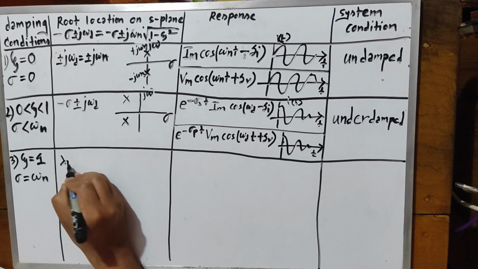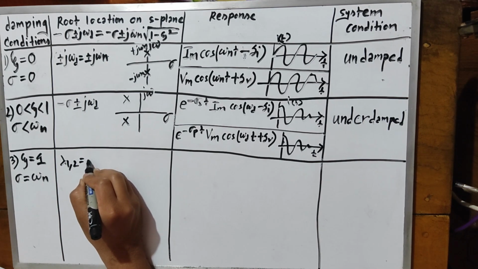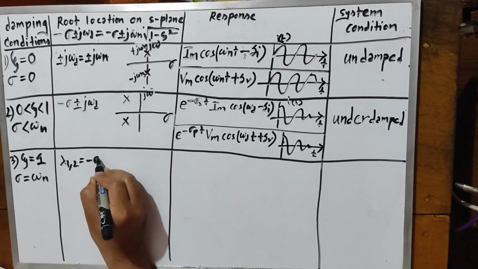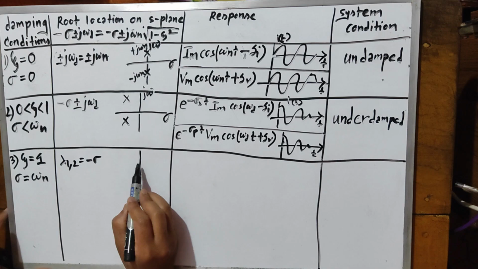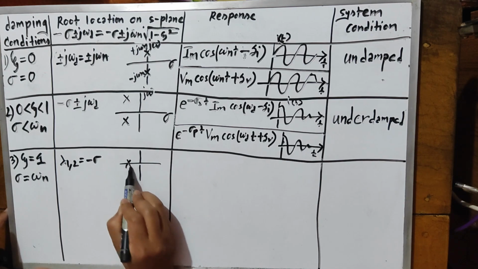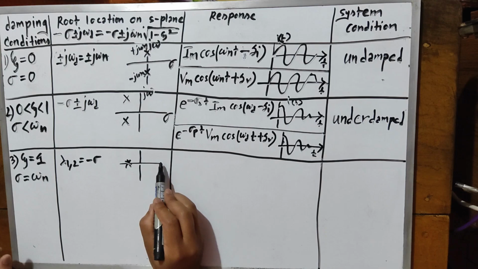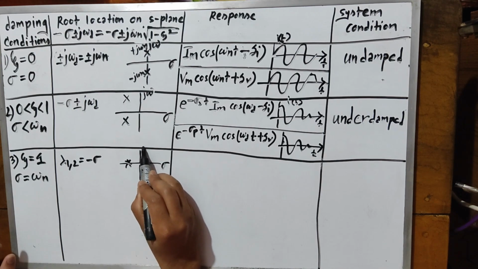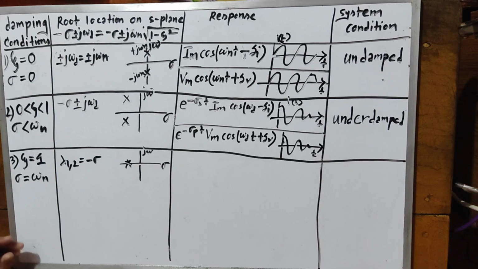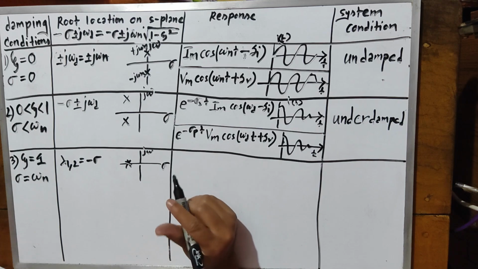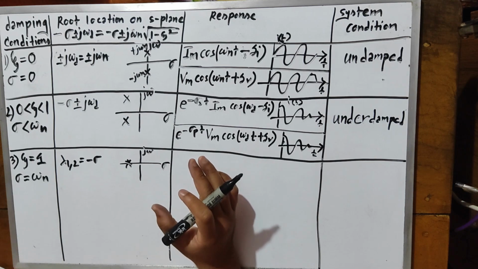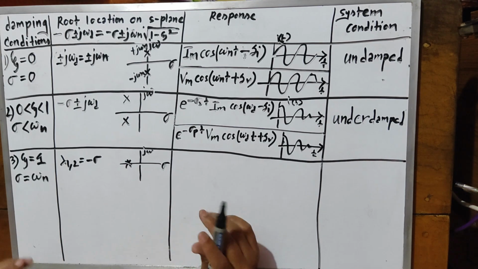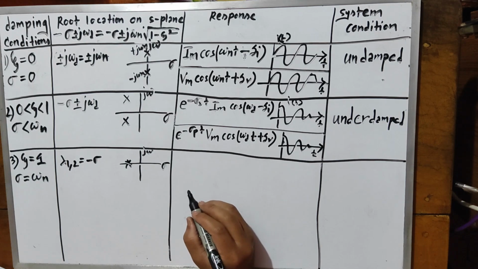Say the characteristic roots are minus sigma. The two roots are here, on the s plane with sigma and j omega axes. I forgot to tell you that I am considering positive damping. There is also negative damping. So this is positive damping.